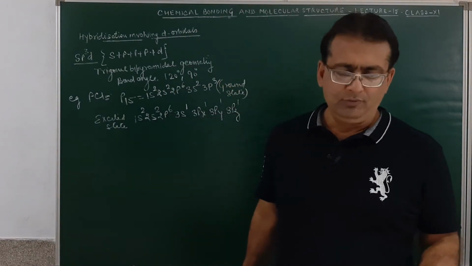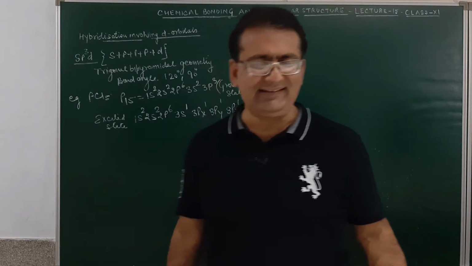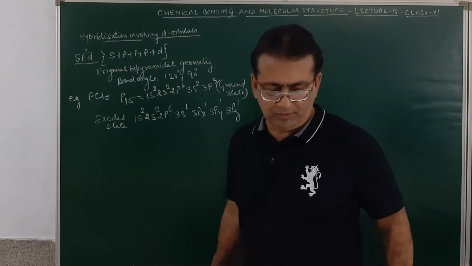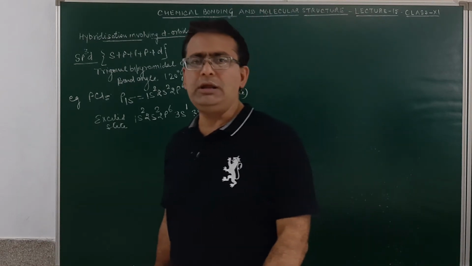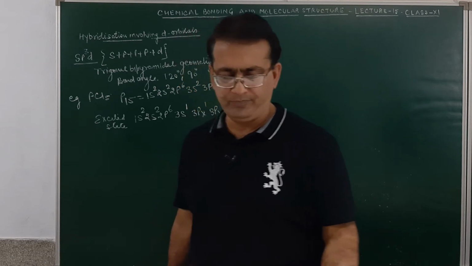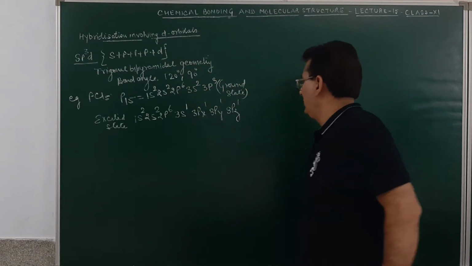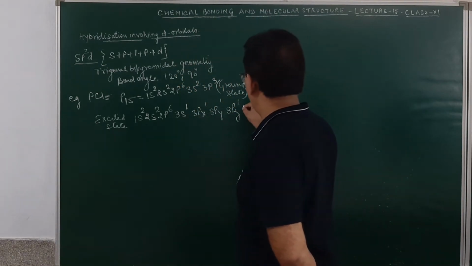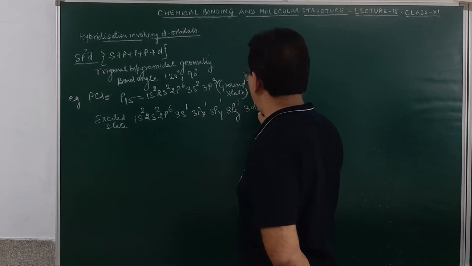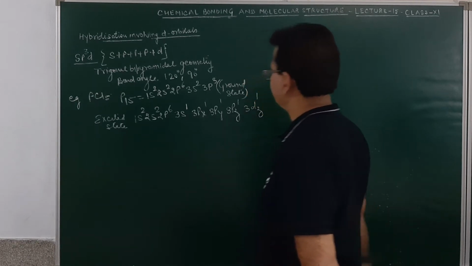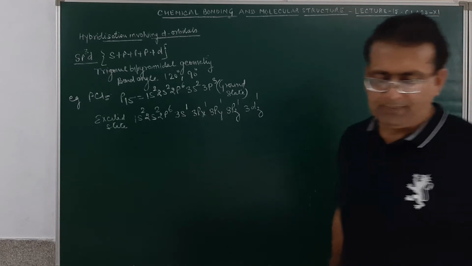Am I clear? When we write the configuration in the excited state, one of the d orbitals will be participating, that will be dz square. And how will I write it? This will be 3dz square 1. Am I clear or not?